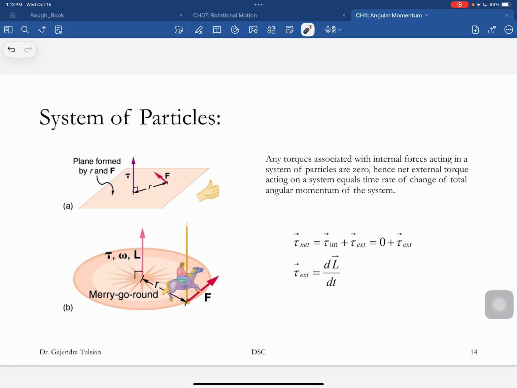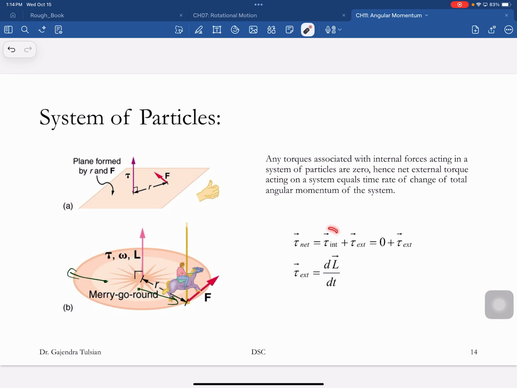Now we'll prepare to see some of the spectacular applications of this. So this is the net torque. On any system, there could be internal forces. Let's say this system has a couple of internal forces. The torques of internal forces always add up to zero, because these internal forces are always equal and opposite.